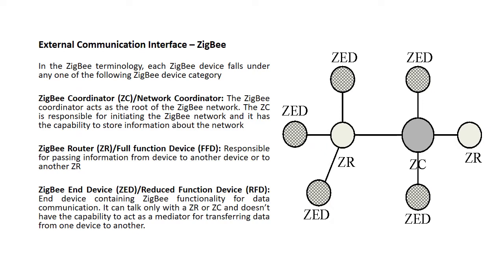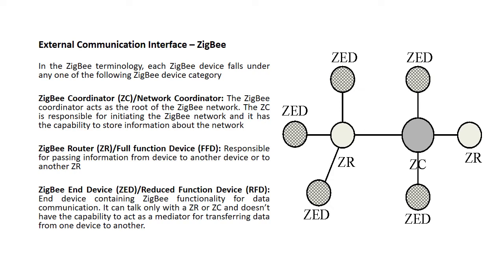In ZigBee terminology, each ZigBee device falls under one of the following device categories. A ZigBee device can be a ZigBee coordinator ZC, or a ZigBee router ZR, or a ZigBee end device ZED. Now, what are the functions of each one of these?